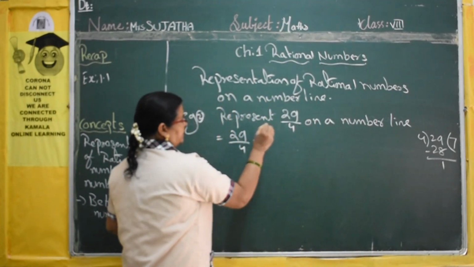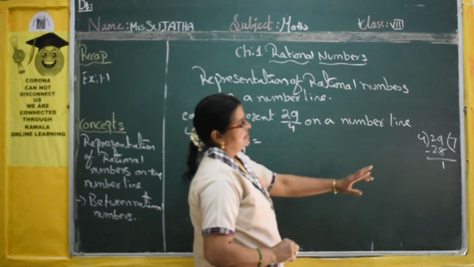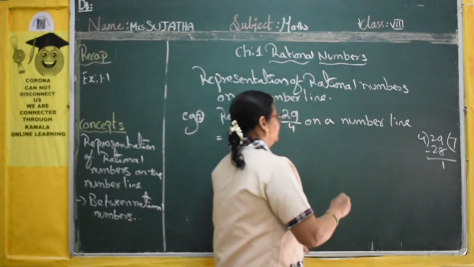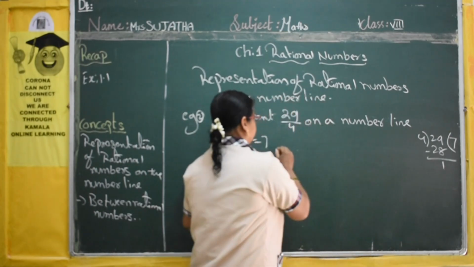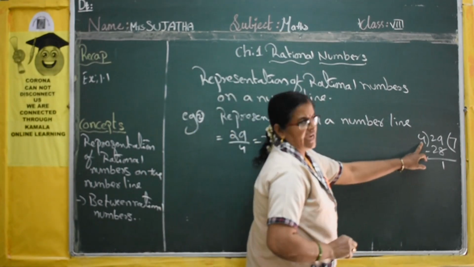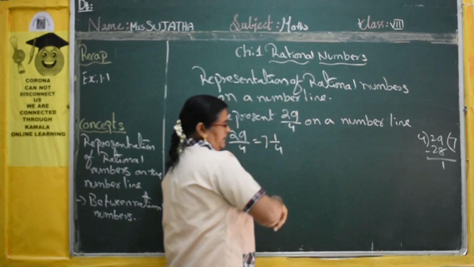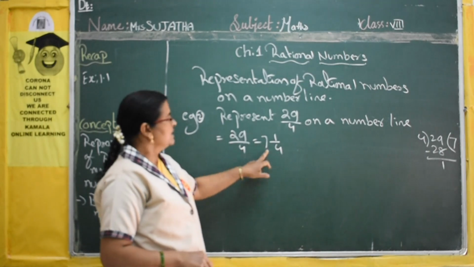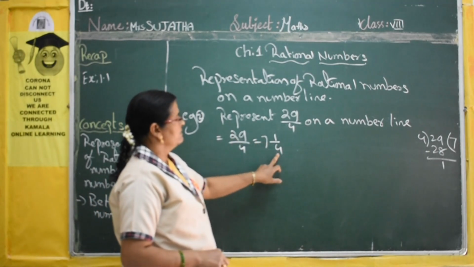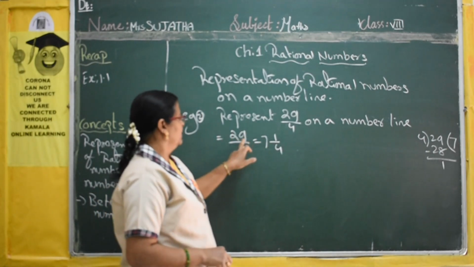Then how can you write it as a mixed fraction? The quotient you get is the whole number, the remainder becomes the numerator, and the divisor becomes the denominator. So 7 1 by 4 is the mixed fraction. Check whether you are getting it right or wrong: 7 fours are 28, plus 1, 29 by 4.